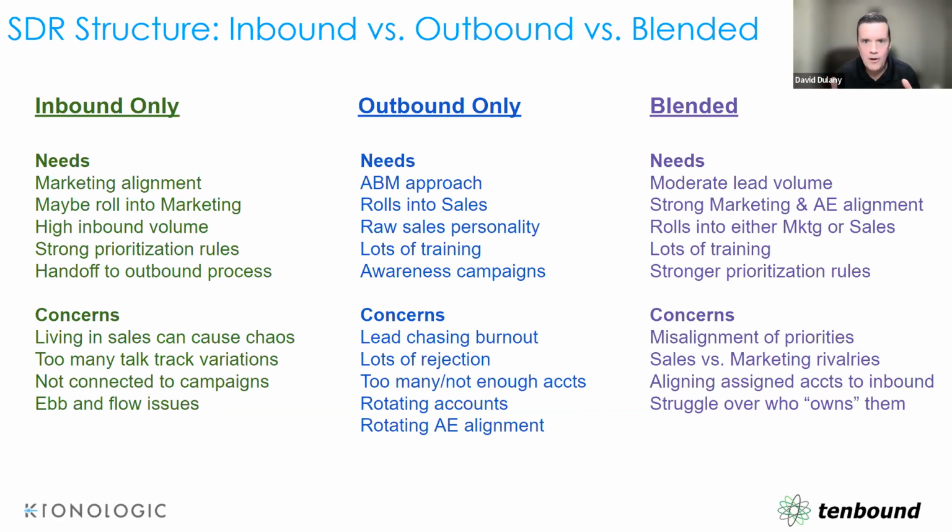But at some point we have so many inbound leads that they can't follow up on all of them, or outbound starts to go down because they're too busy following up on the inbound leads. And let's face it, having a list of pre-qualified inbound leads is a lot better than having to cold call a bunch of people, right?